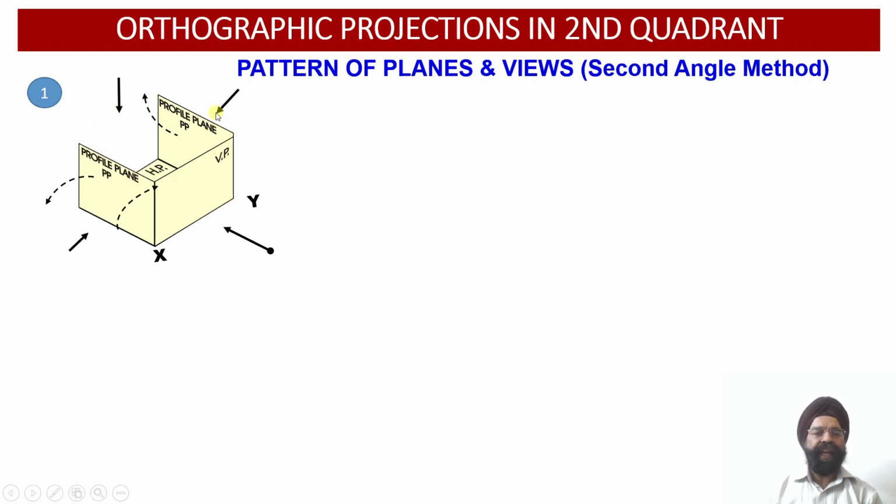And as we have already discussed, in quadrant number 2, the portion of the horizontal plane which is lying behind the vertical plane will move in the upward direction, and it is going to coincide or supersede upon this vertical plane over here.